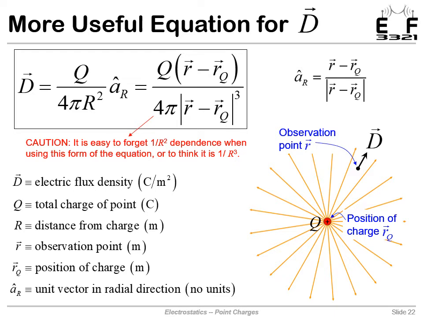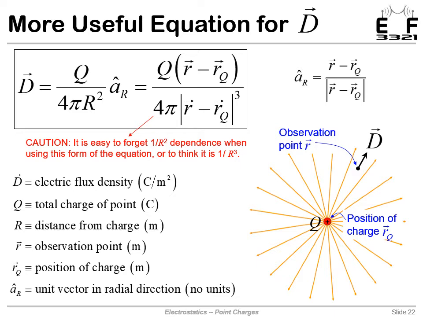Now when we do that and we throw this expression in, we have r minus r_q, and we have to divide r minus r_q by the magnitude cubed. Over here we had r squared, but here it's r cubed only because this numerator also carries information of the magnitude. We have to cancel this. And so that comes down to the denominator, and we do end up with an r cubed there.